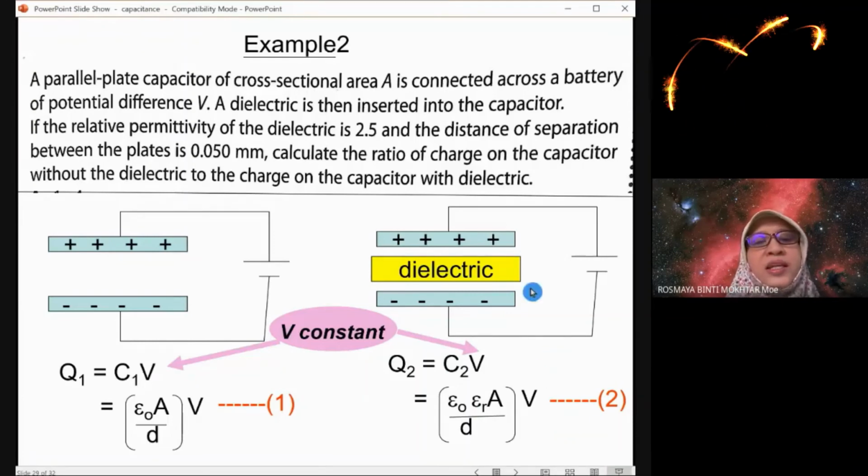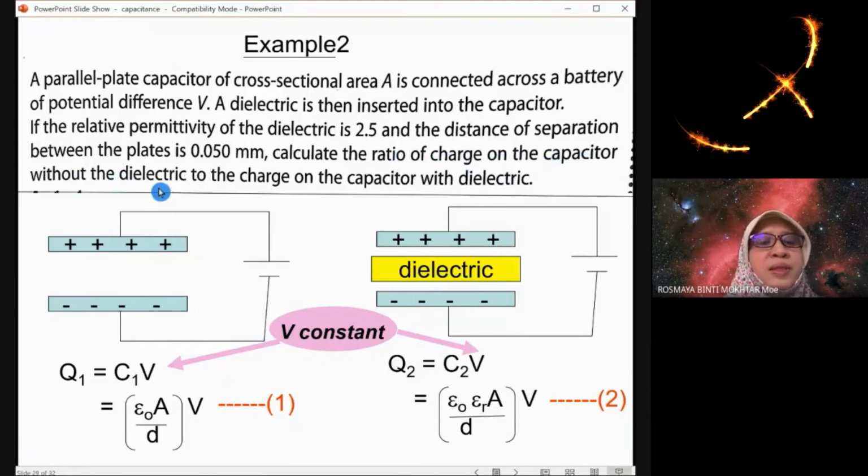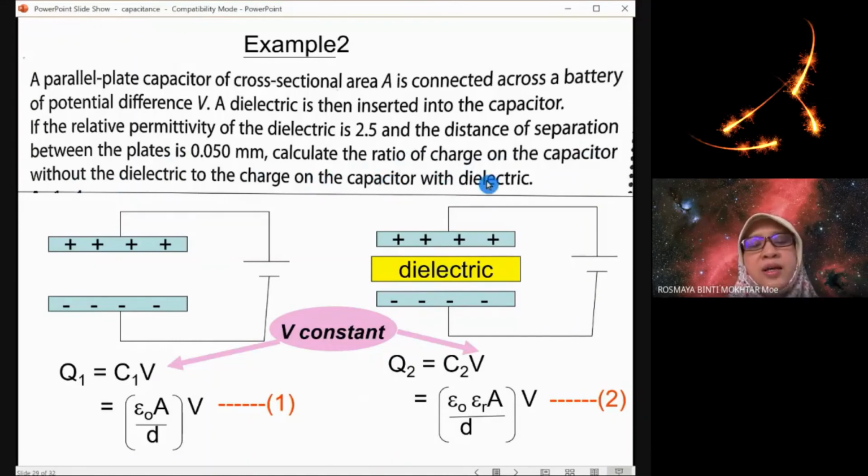Next, how to solve? The question asks for the ratio of charge on the capacitor without dielectric to charge on the capacitor with dielectric. So that means Q1 per Q2.